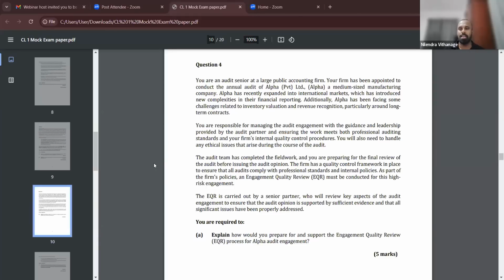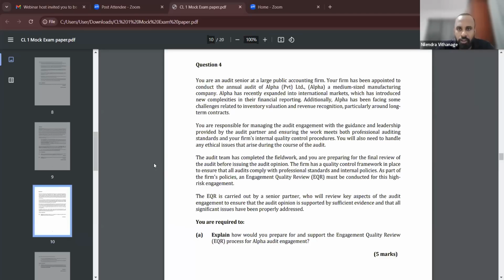Additionally, Alpha has been facing some challenges related to inventory valuation and revenue recognition, particularly around long-term contracts. Inventory valuation, they have problems with everything.